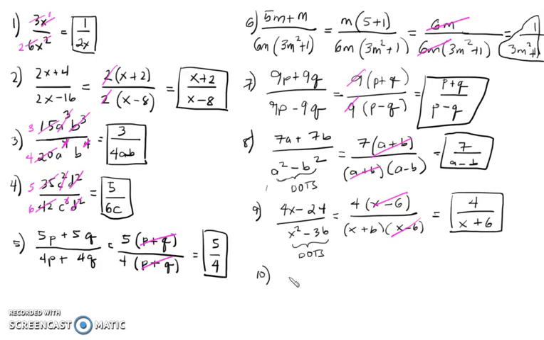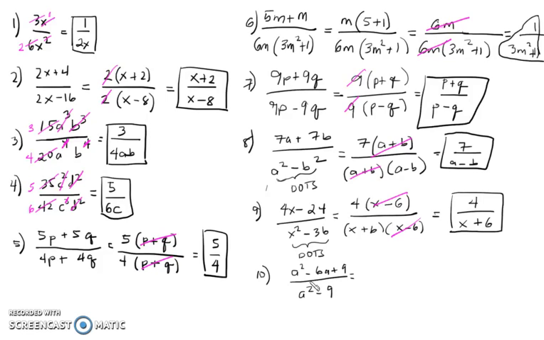Okay, so number 10. I have here (a squared minus 6a plus 9) all over (a squared minus 9). By inspection, I see that the numerator is a perfect square trinomial. Why?